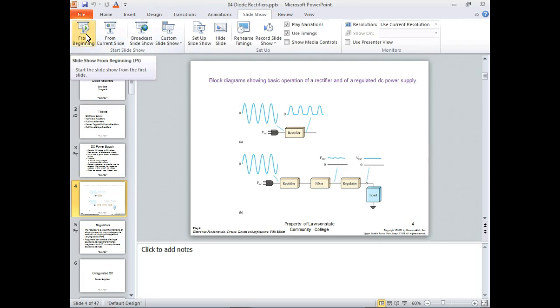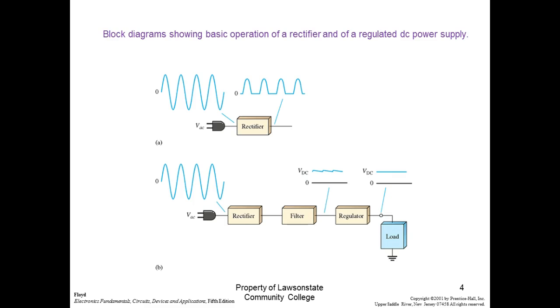The first power supply we're looking at is what we refer to as an unfiltered, unregulated power supply, which would be this one right here. Then we're going to add a filter, and we'll call that an unregulated filter power supply. And the very last thing we're going to add is what we call a regulator.